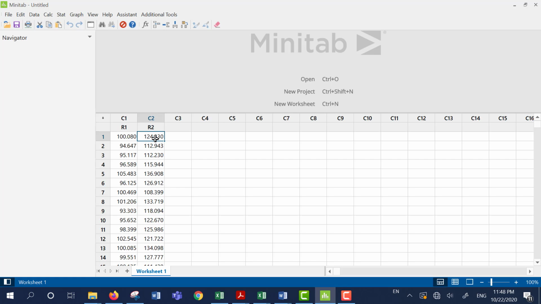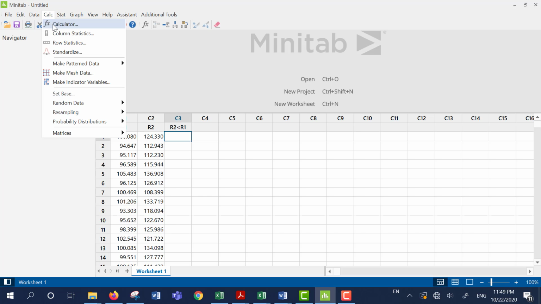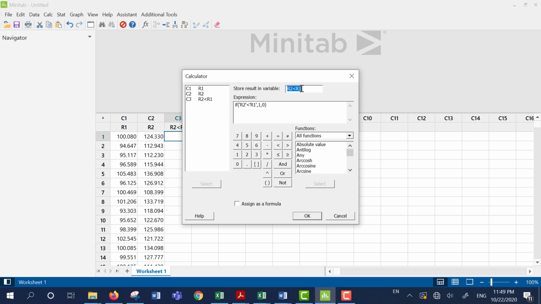Now the question is, I'd like to know the probability R2 is less than R1. So I use this column to store the value. If R2 is less than R1 is true, the value will be 1. Otherwise, it's 0. We can use the calculator for this. Calculate, using the if function.